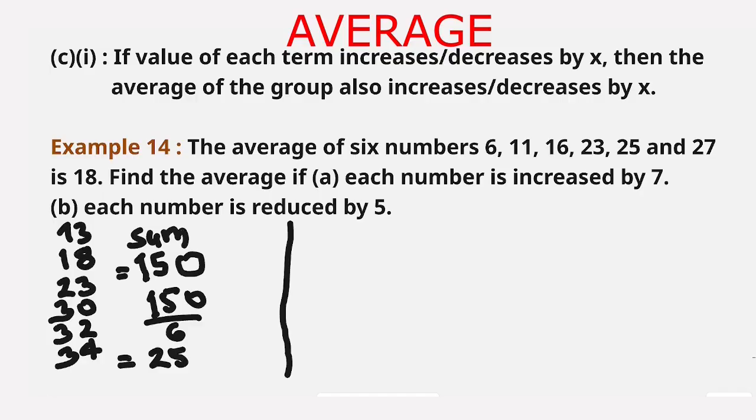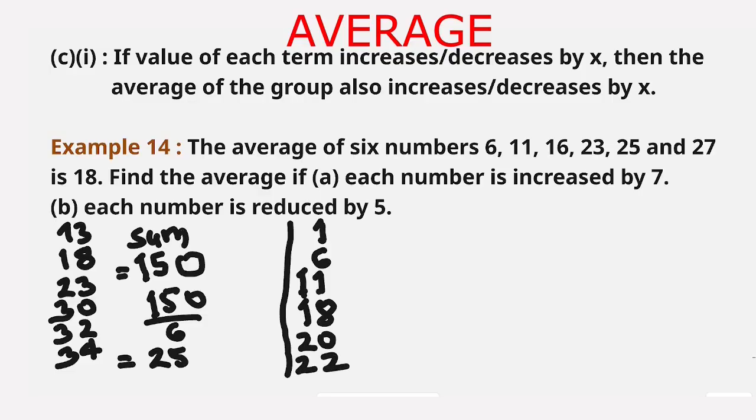Every number is reduced by 5. Then 6 becomes 1, 11 becomes 6, 16 becomes 11, 23 becomes 18, 25 becomes 20 and 27 becomes 22.